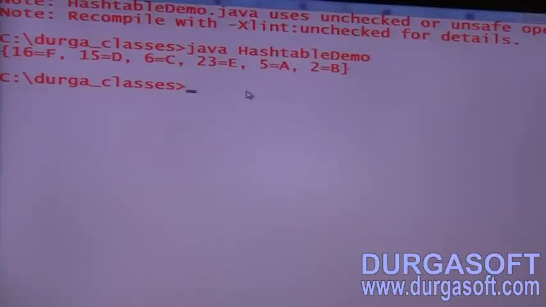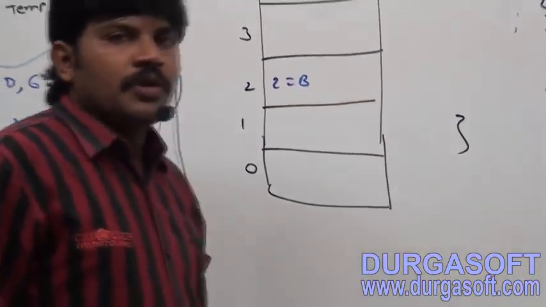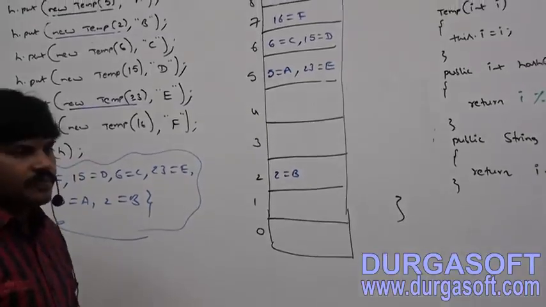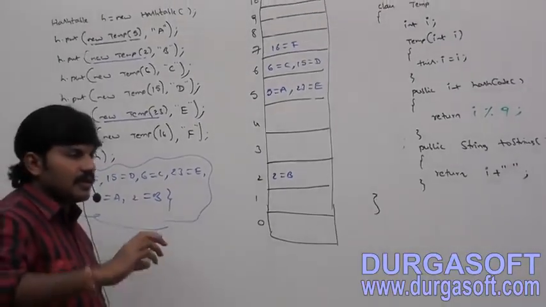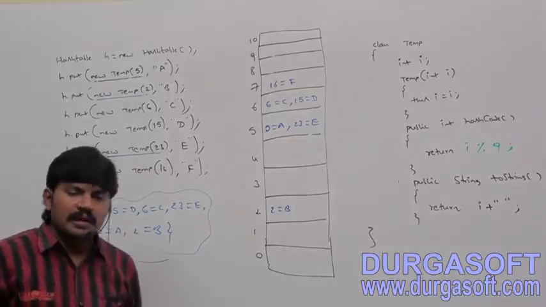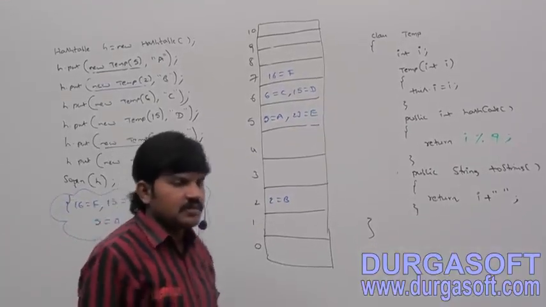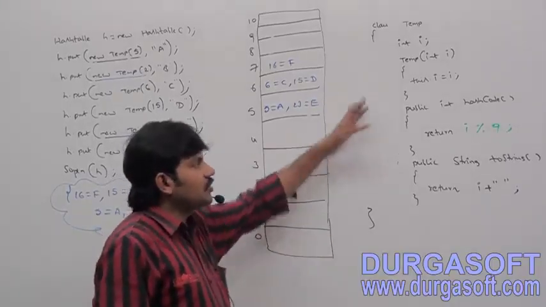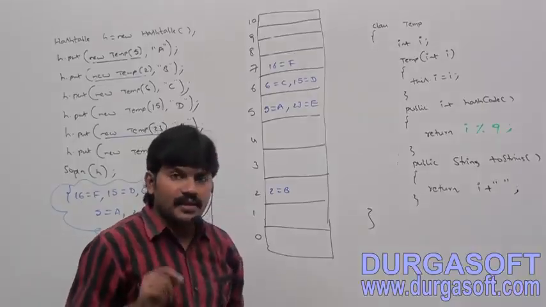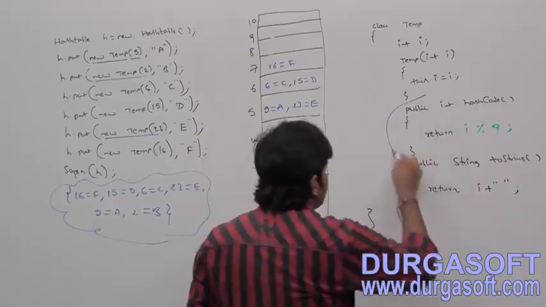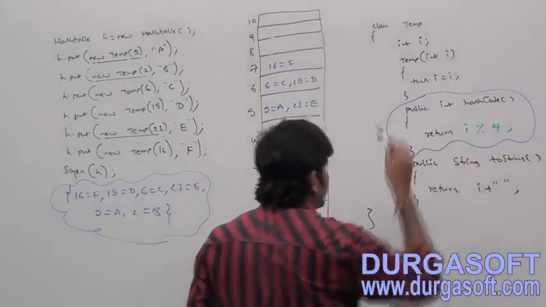Okay, make sure at this point, if we change the hash code method of the Temp class, take only the hash code method, don't take any other.